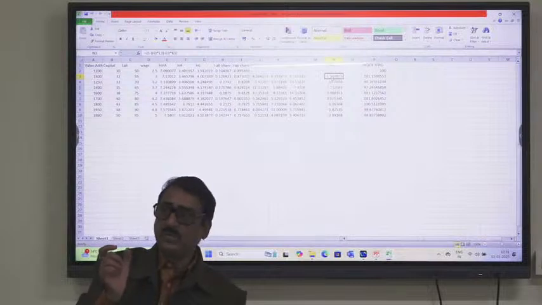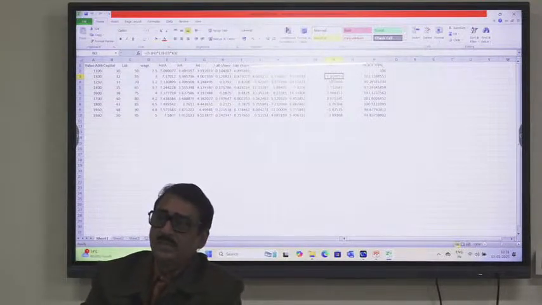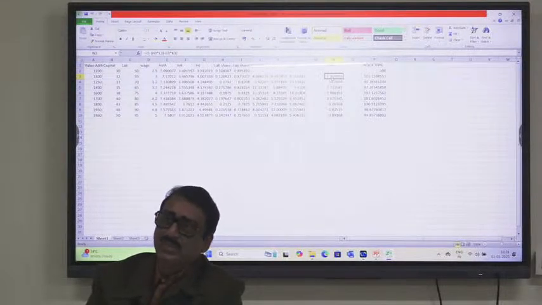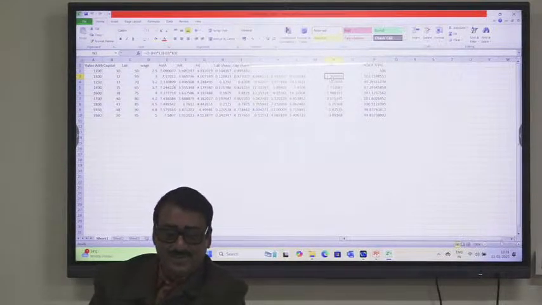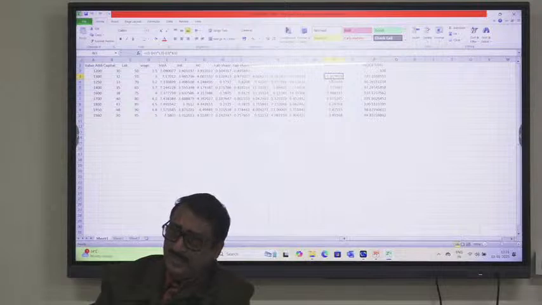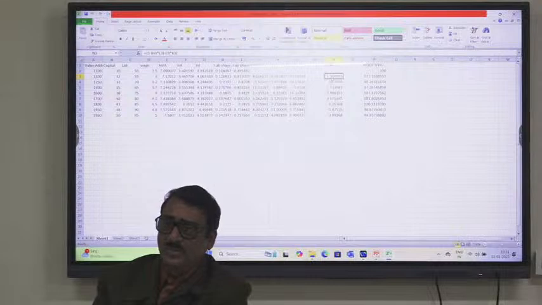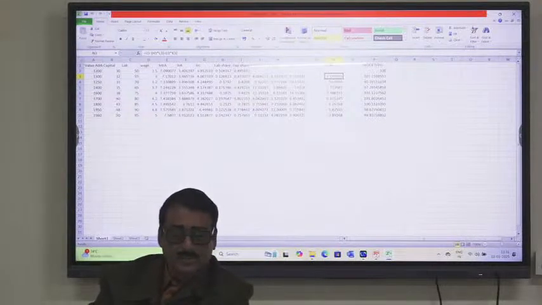So, rate of growth in value added minus the weighted rate of growth in capital minus the weighted rate of growth in labor. Right. So, J3 is rate of growth in value added, H3 into L3 is the weighted rate of growth in labor, I3 into K3 is the weighted rate of growth of capital. So this gives me the TFPG.